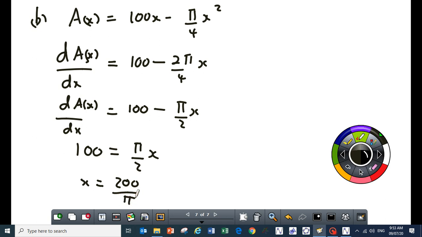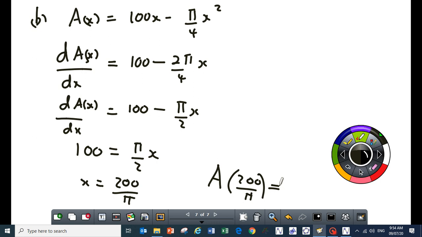So then to get the area now, I need to substitute this x value into the first equation on top. Can someone do that quickly? A of x will be equal to, not A of x, A supposed to be... Can you do that so that we can all go?